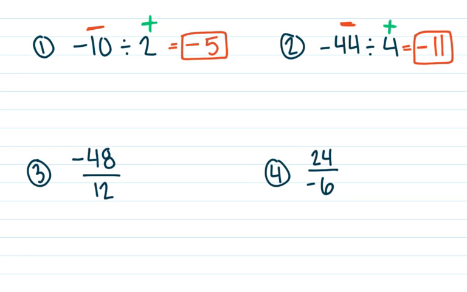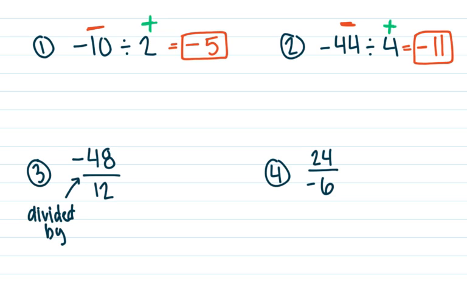Now number 3 and number 4 look very different. They look like fractions. So you might be thinking, Miss Meek, this is not a division problem. These are fractions. What are you doing? But we can actually write division problems like a fraction. Our fraction bar right here actually can represent a division problem because it means divided by.